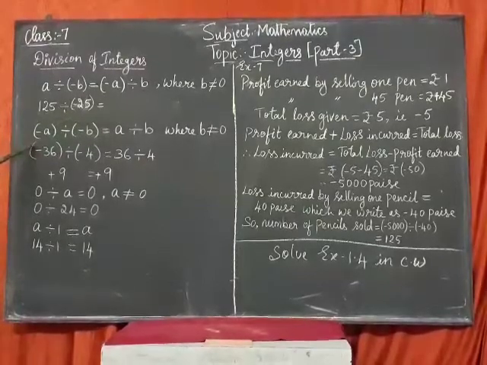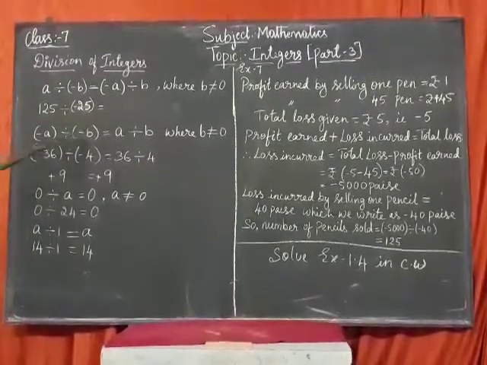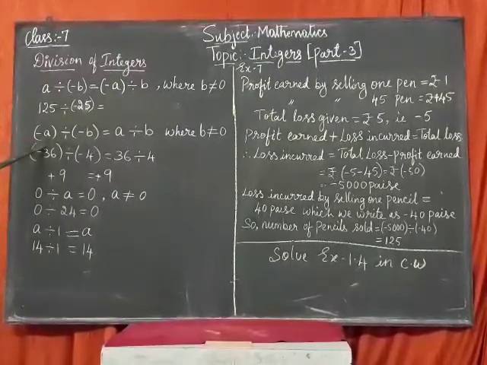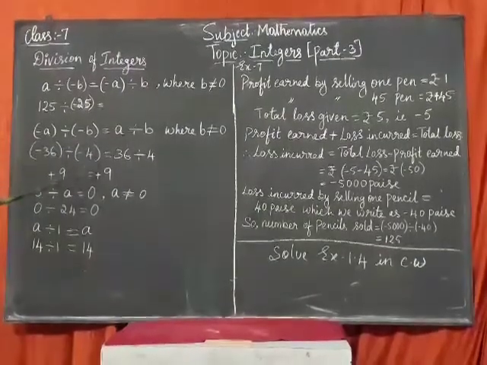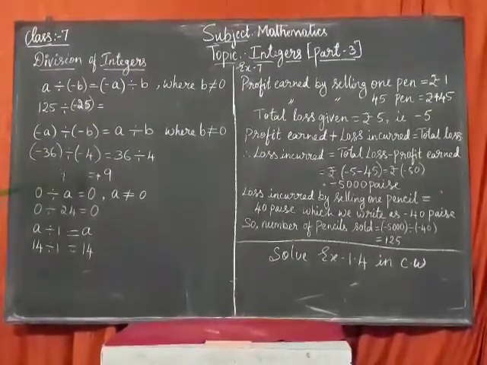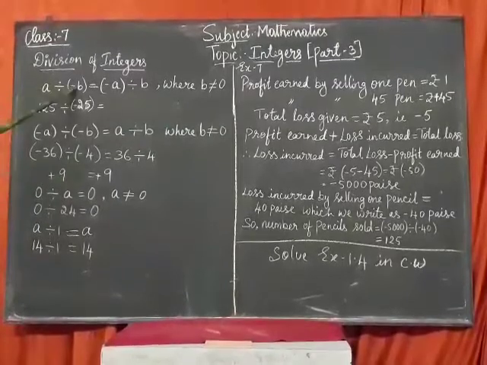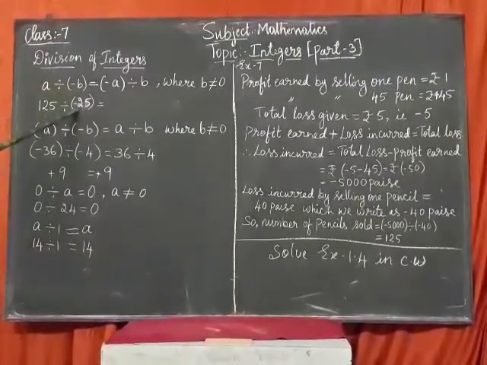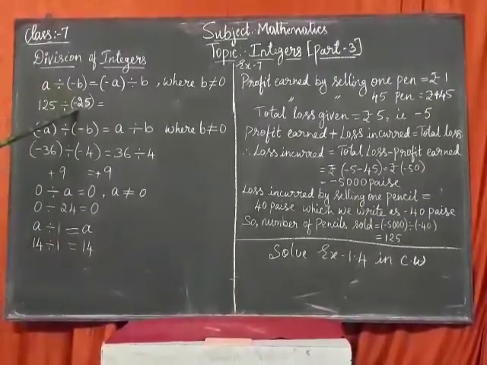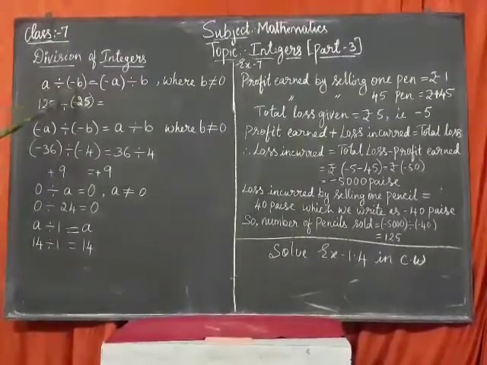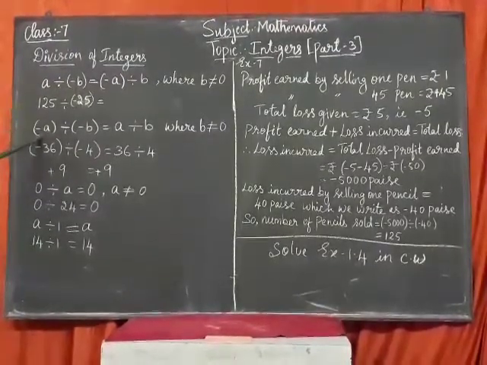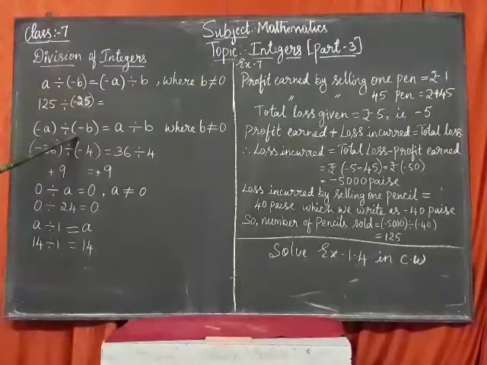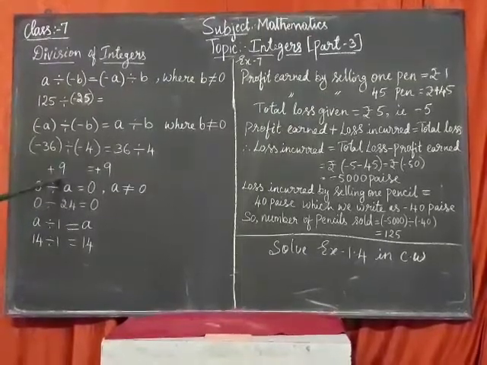Then coming to the next, if both the integers are negative, what happens? It will become positive. Do you remember the signs? What I told you? Plus into minus is minus. Now here, when both are negative, the answer changes into positive.